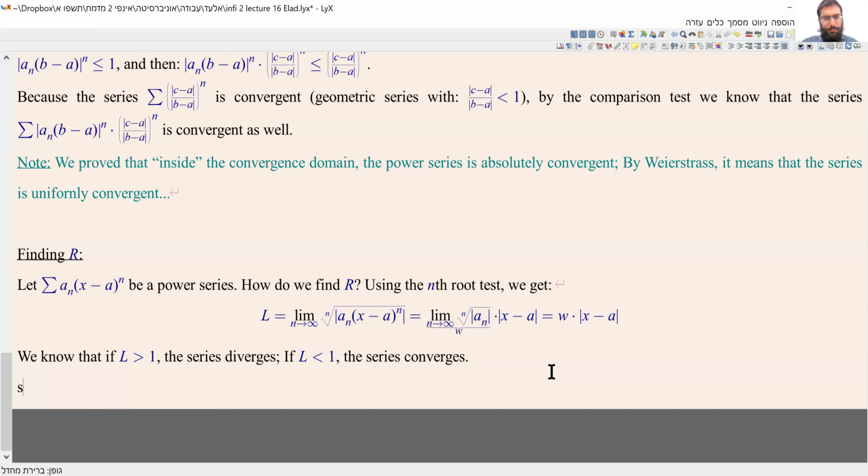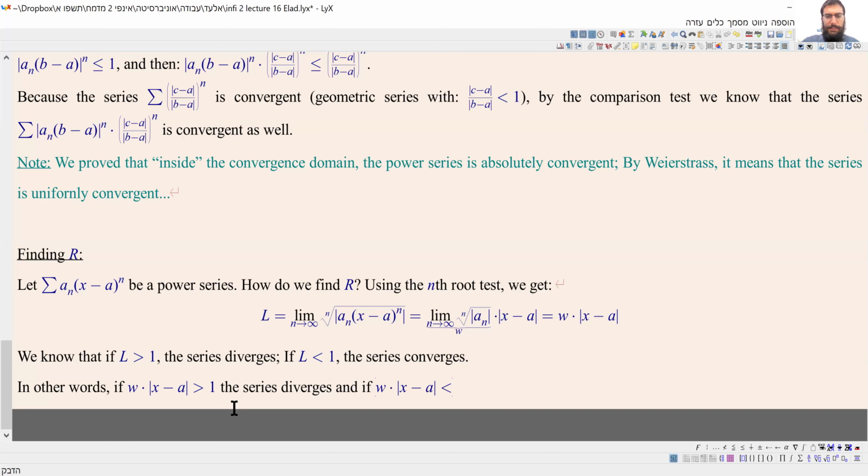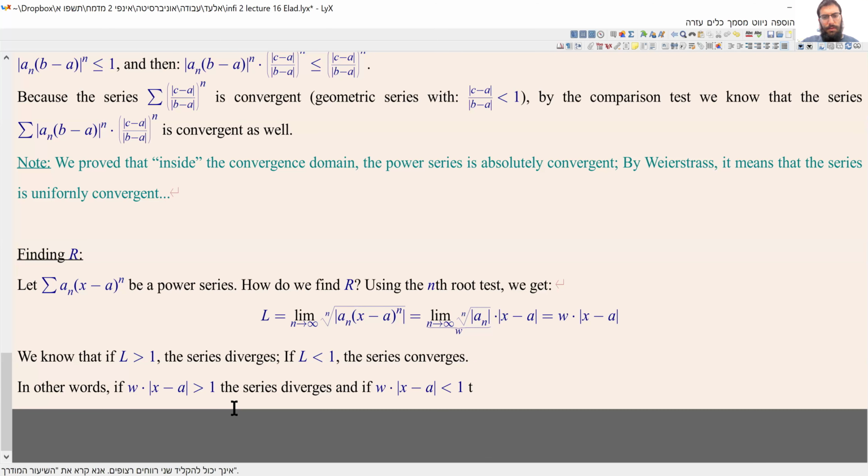So, in other words, if W multiplied by x minus a is greater than 1, the series diverges. And if W multiplied by x minus a is smaller than 1, then the series converges.